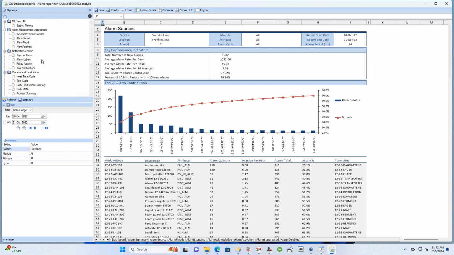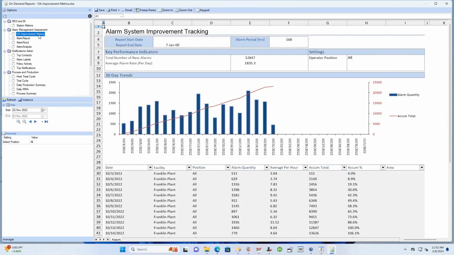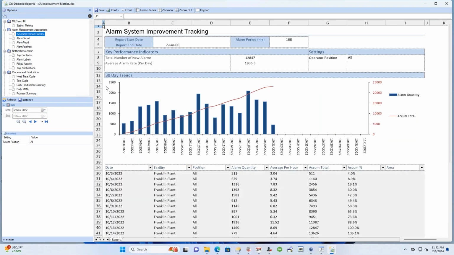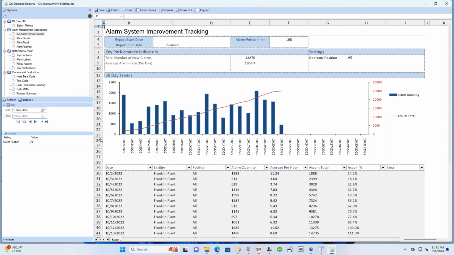So we have one more level of analysis at the very top here, which is how the entire system is improving over time. This report is looking at the history of these scores and seeing whether or not we're improving over time. For example, at the plant level, this is what happened during the month of October.